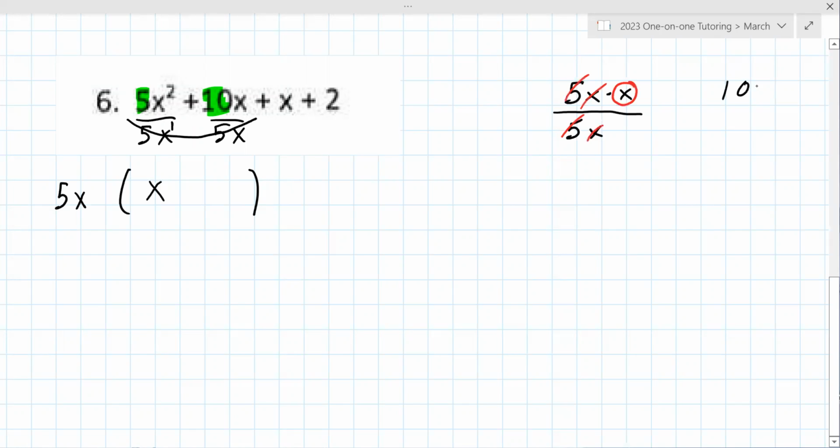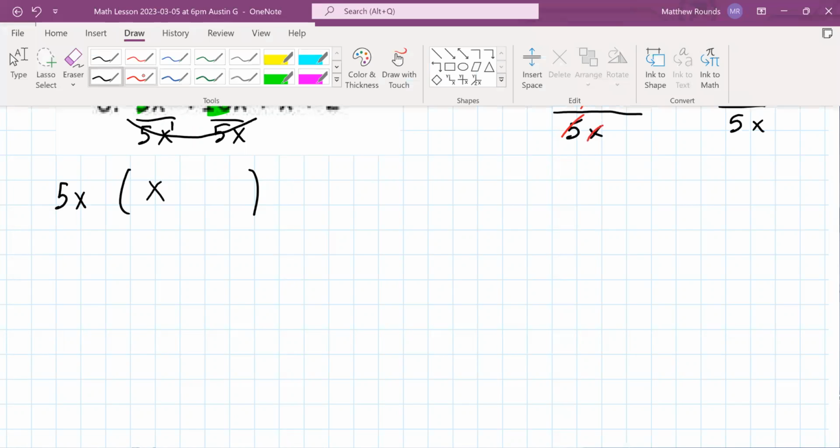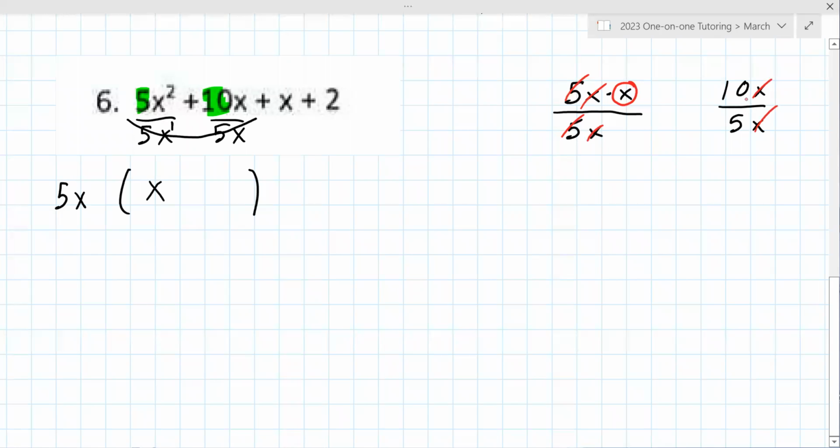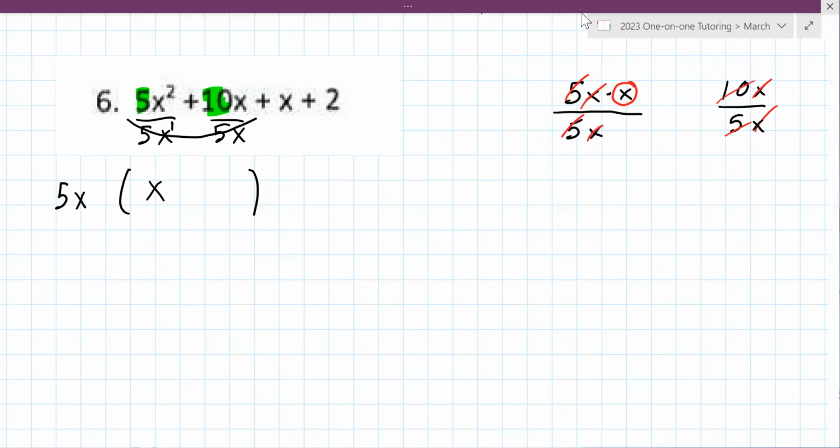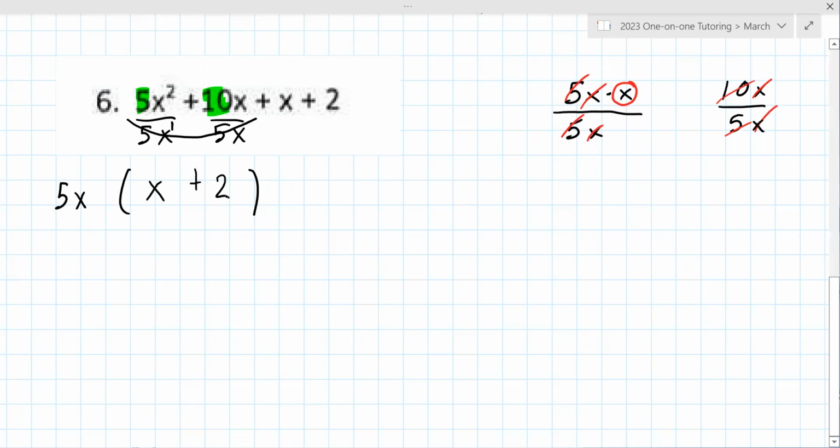Now in the second one, it's 10x over 5x. Again, you can see that the x's cancel. 10 divided by 5 is 2. So that becomes x plus 2. Now you immediately write that over here on the right, and you hope that there's a number such that when you multiply in, you get back to the previous line.